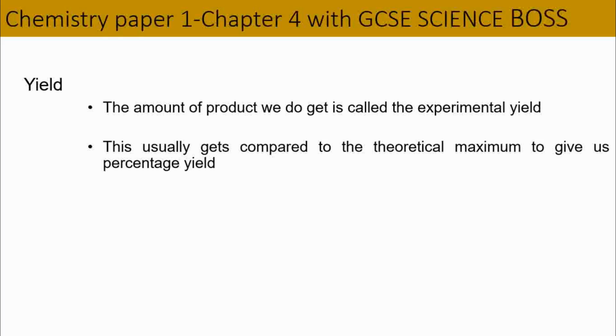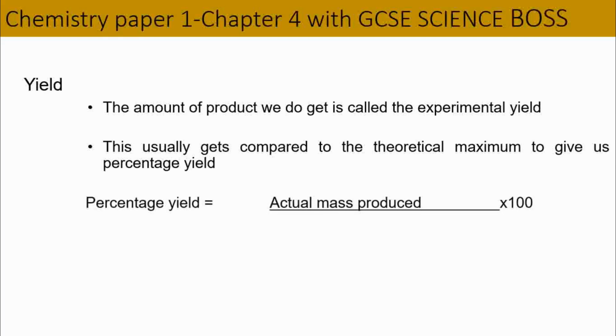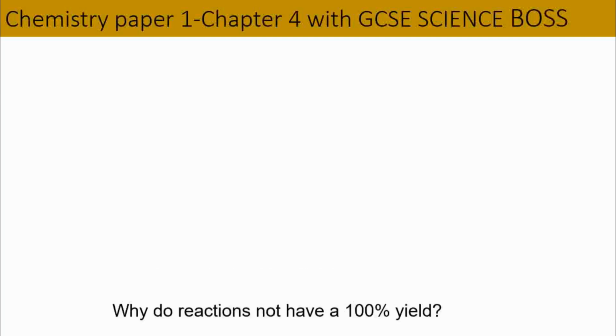This usually gets compared to the calculated yield or the theoretical maximum. And to calculate percentage yield, it is the actual mass produced divided by the theoretical mass, and we times that by 100.